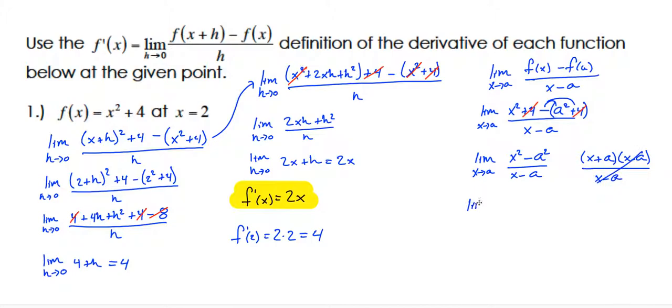So now what I have is the limit as x goes to a of x plus a. So as x goes to a, I'm basically going to get 2a.